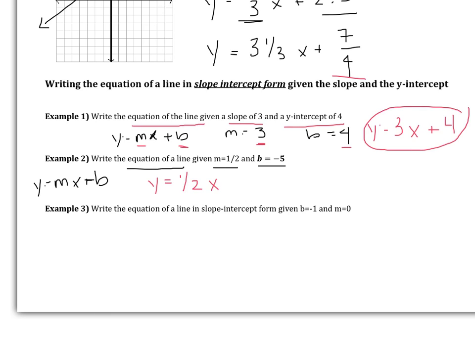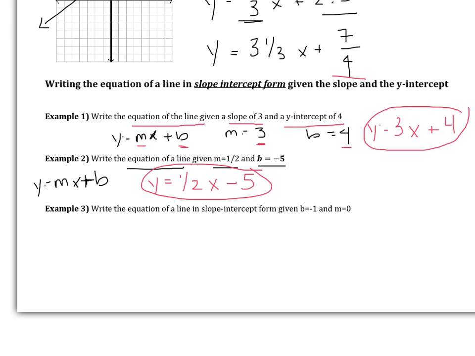Now, this equation says plus b, but we don't want to write plus negative 5, right? Adding a negative is the same as subtracting. So whenever you have a negative b, you can just write minus the b, so minus 5. So my equation is y equals 1/2 x minus 5.